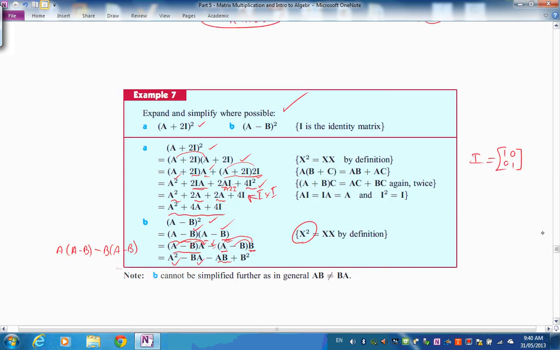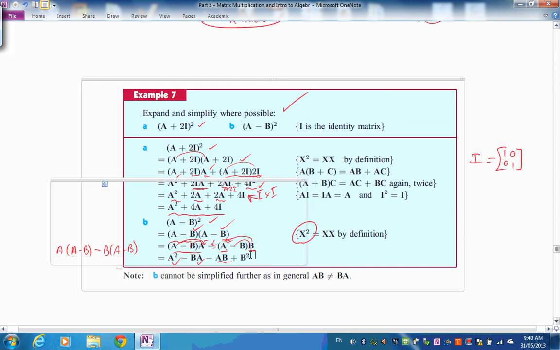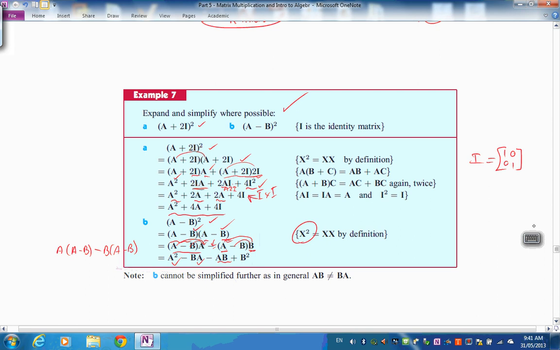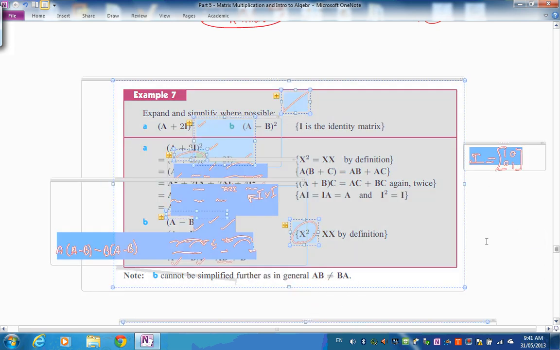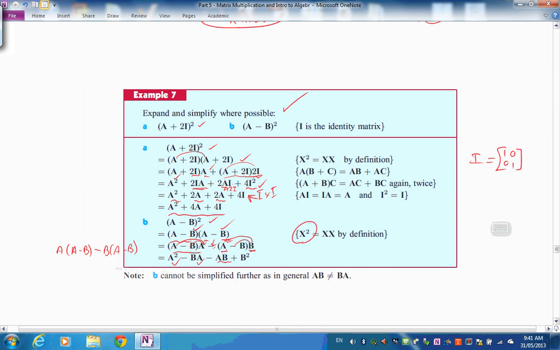So here we've got B squared, we'll just get rid of that. Okay, so we've got B squared there, and let's have a look then at our final answer. We can't go any further than that because AB is not equal to BA down there.